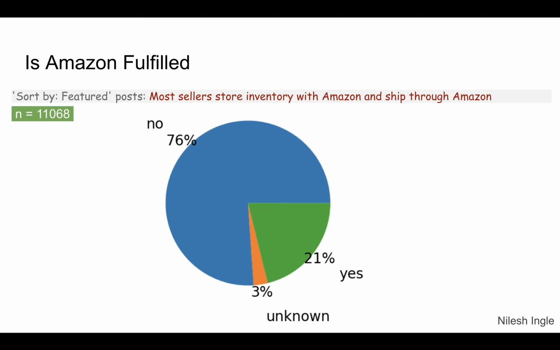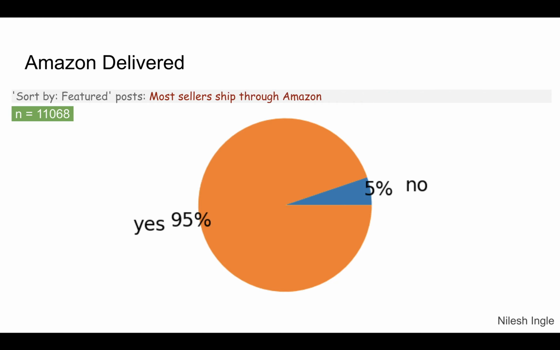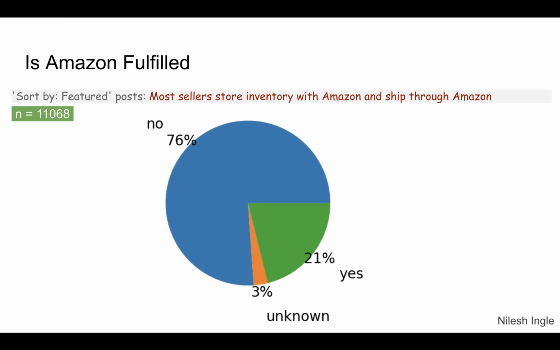Now there is another option, Amazon fulfilled. This is what I understand as the difference compared to Amazon delivered. I may be completely off here, but in case of Amazon fulfilled, the toys would be stored at Amazon's warehouse and not at the seller's facility.